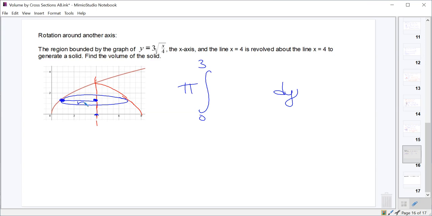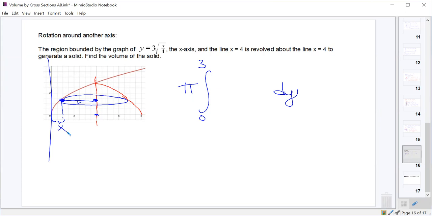Because we're not starting at the y-axis, are we? X has to be measured from the y-axis to something. How about we measure that as x, from the y-axis to whatever point we hit our function at for our radius? Everybody good with that? Zoom, good with that? Yes.